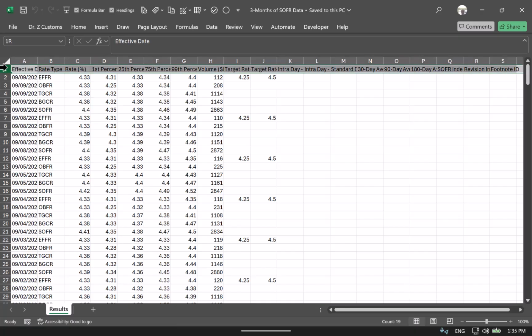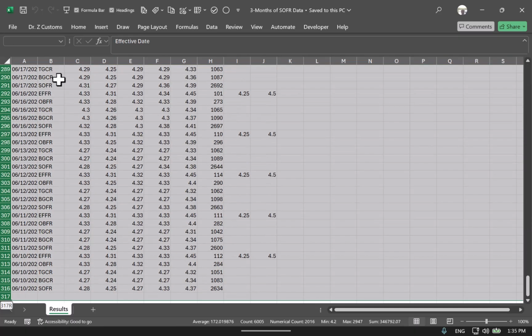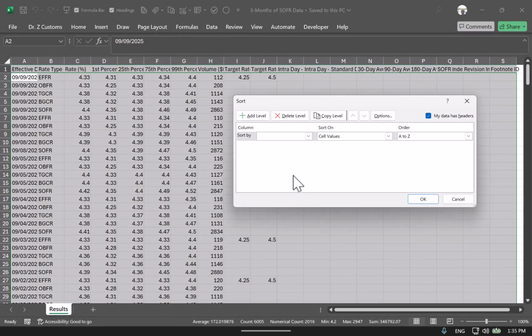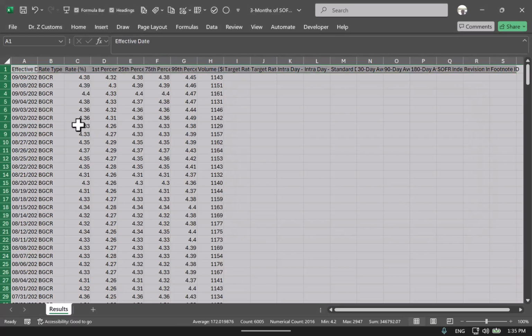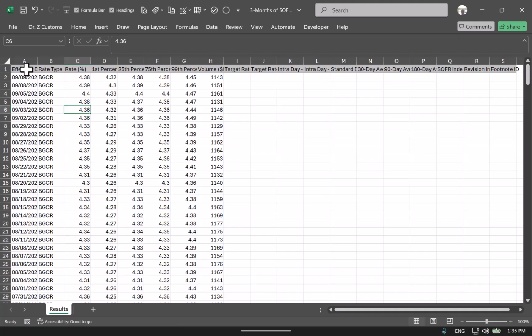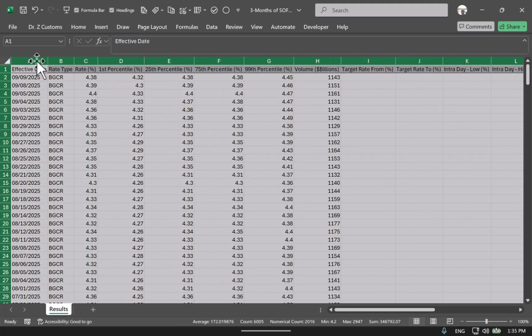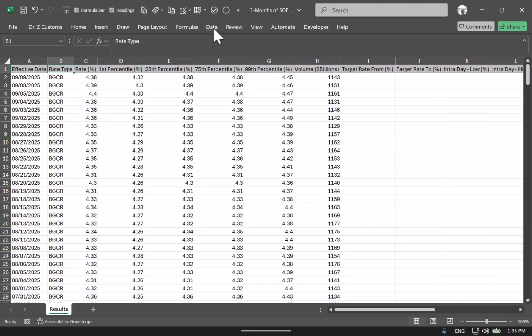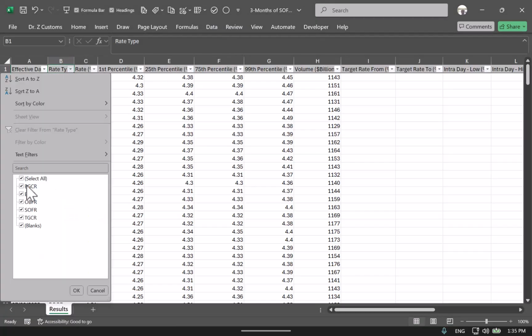You can, of course, sort it by rate type. And I'm going to do a data filter. I'll just pick the software.